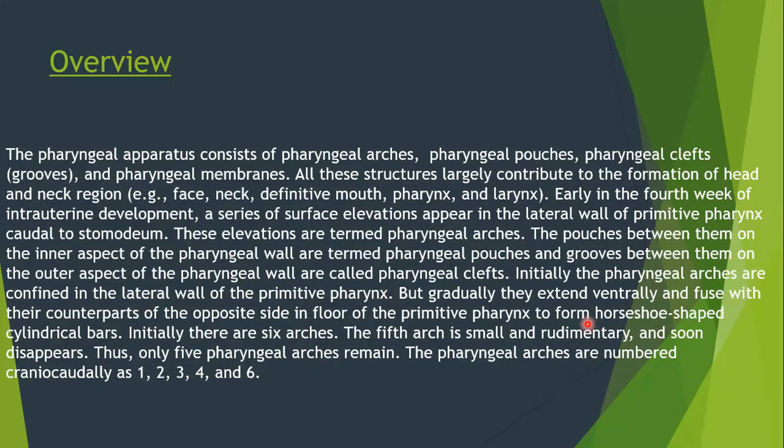Then, with time, the fifth arch degrades and eventually disappears, and only 5 pharyngeal arches remain. They are named in a craniocaudal sequence: first pharyngeal arch, second, third, fourth, and the sixth. The fifth regresses.